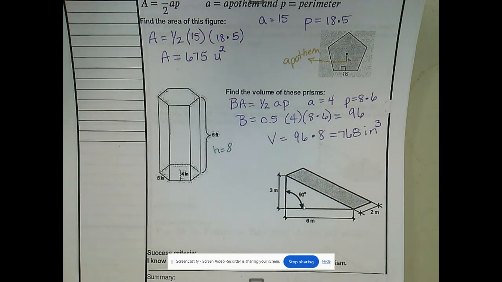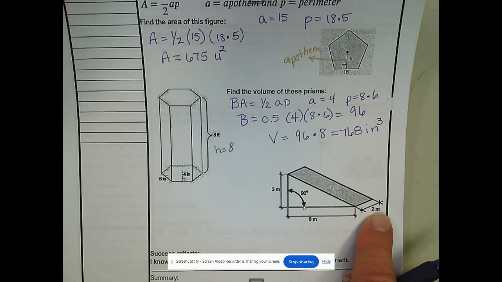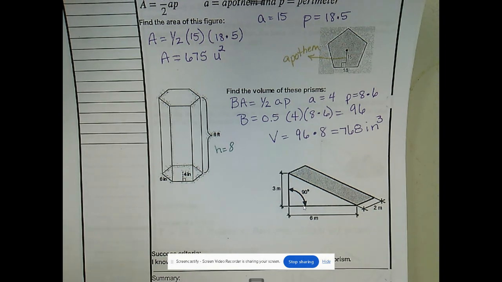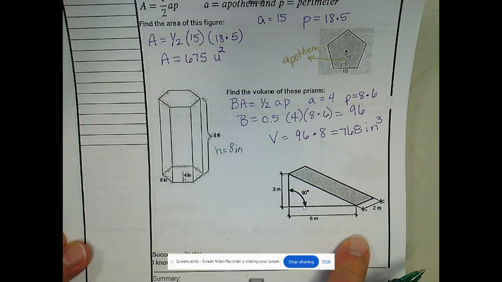Okay, pause the video. Can you do the triangular prism by yourself? Can you find the area of the triangle and multiply it by the height? I do hope you tried.